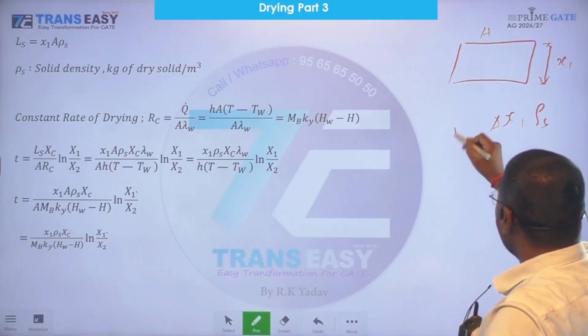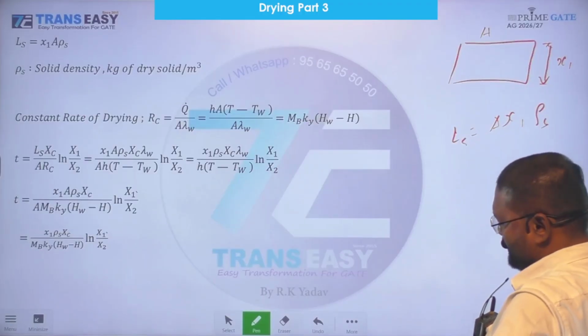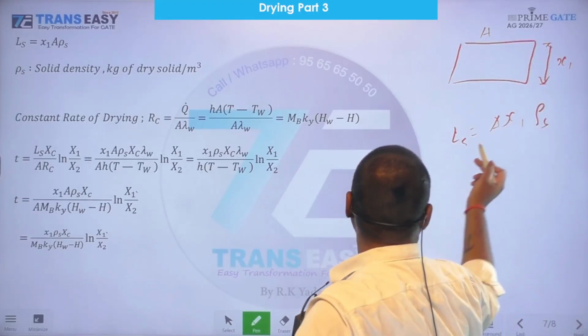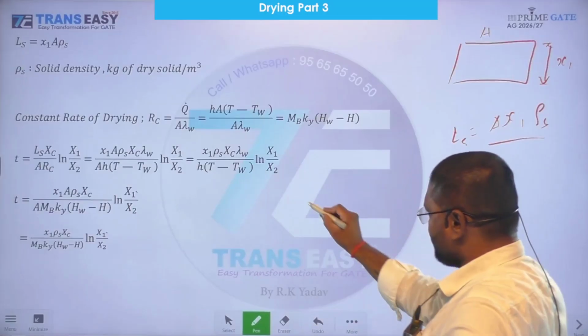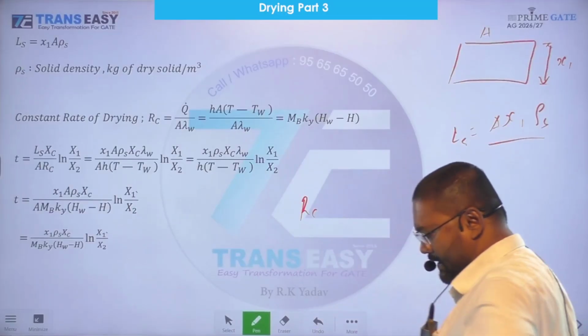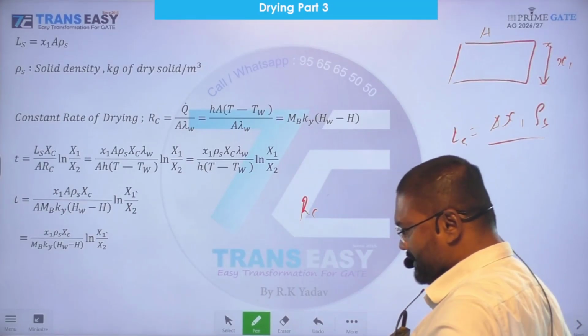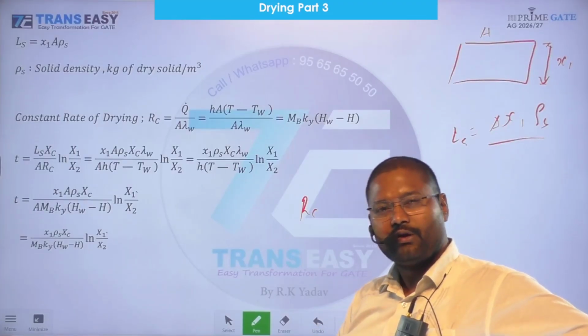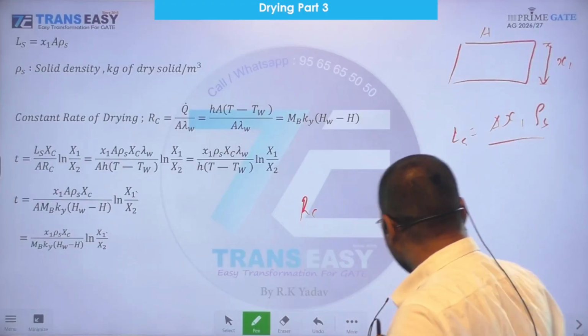So Ls kg of dry solid we have calculated, total kg of dry solid. So in place of Ls we can write this relationship, RC. We can easily calculate RC. Constant rate of drying is also involved here because critical point is common to constant rate drying period and falling rate drying period.